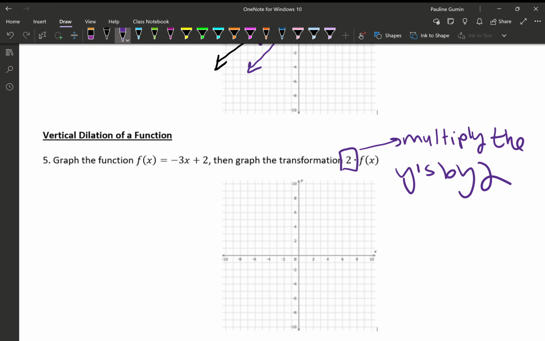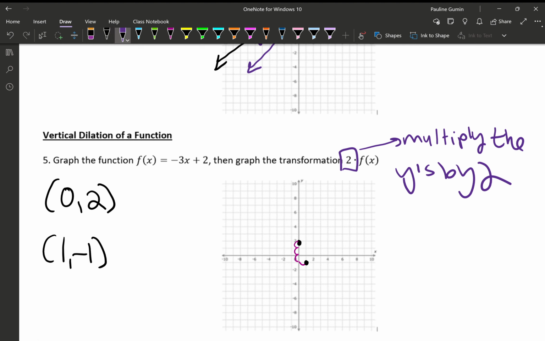Okay, first things first, let's graph the original function. We start at 2. Negative 3x, that means we go down 3 to the right 1. All right, I'm going to write these 2 points down so I know what they are. I like seeing them. Our y-intercept was 0, 2. And then this, it looks like 1, negative 1.